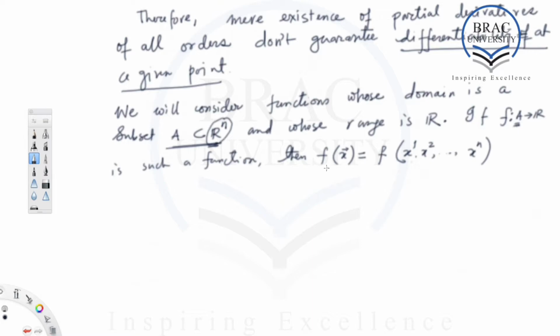This is a real number, taking values in the set of real numbers, and the vector x, the same as this n-tuple, is a point in the subset of R to the n.